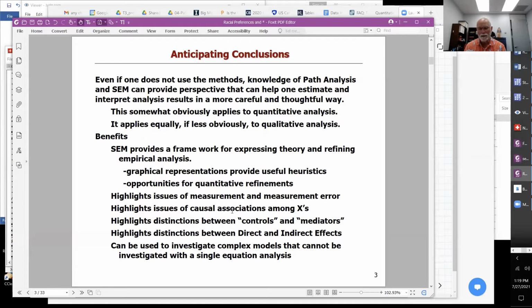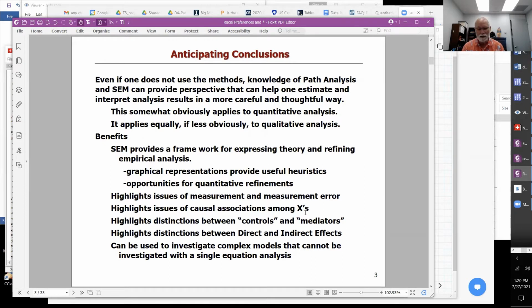The main thing that's required is that we think about how x's relate to y's, how the independent variables relate to the dependent variable, but we are not necessarily obligated to think carefully about how the x's relate to each other. In the SEM perspective, you have to think about that. In ordinary workaday research, where we're estimating single equations, we often don't think about how x's are related to each other, and that's actually a fault. We should think carefully about that.